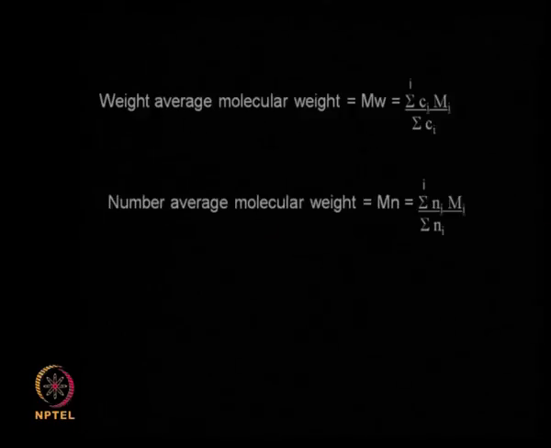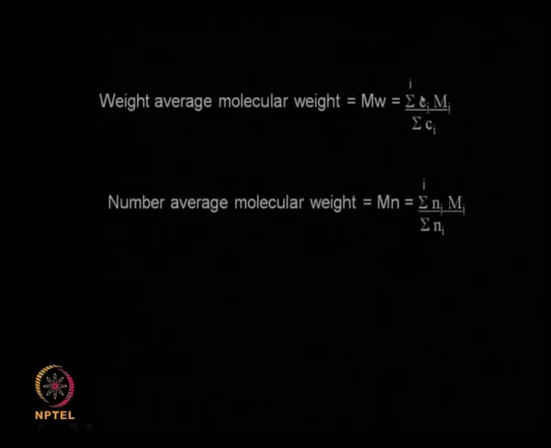So straightforward actually. Now in GPC we have to consider the weight average molecular weight and number average molecular weight, because if you have multiple components with different molecular weights at different concentrations, then the weight average molecular weight of the entire mixture is given by this particular relationship.